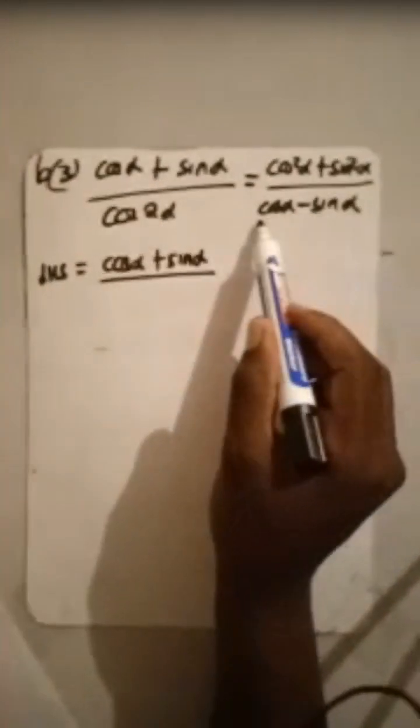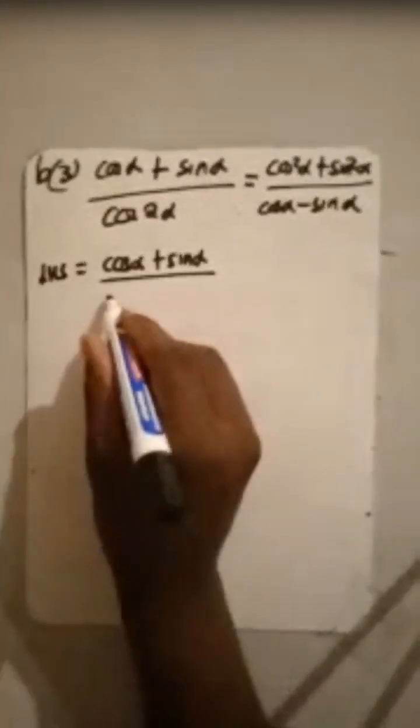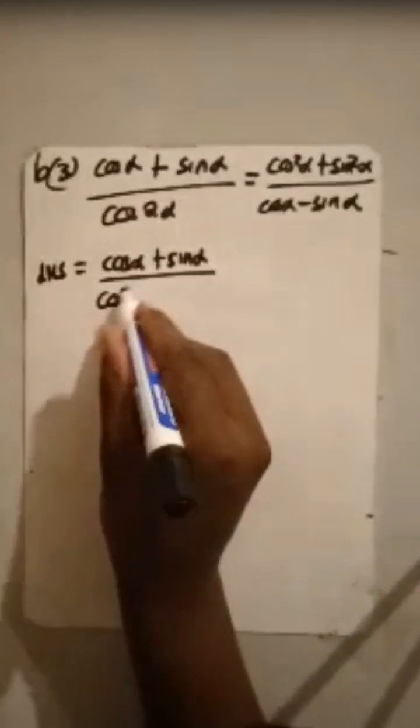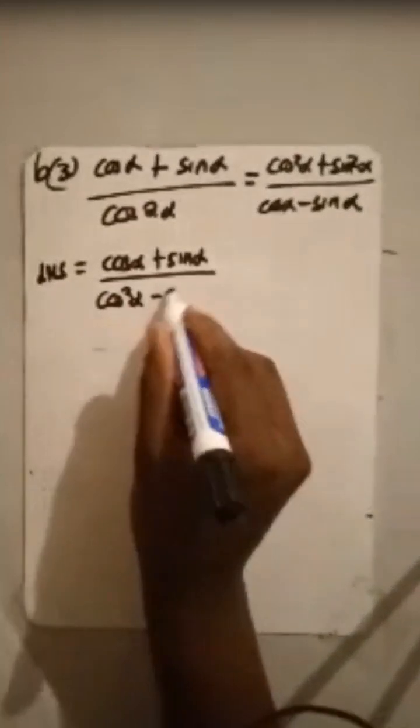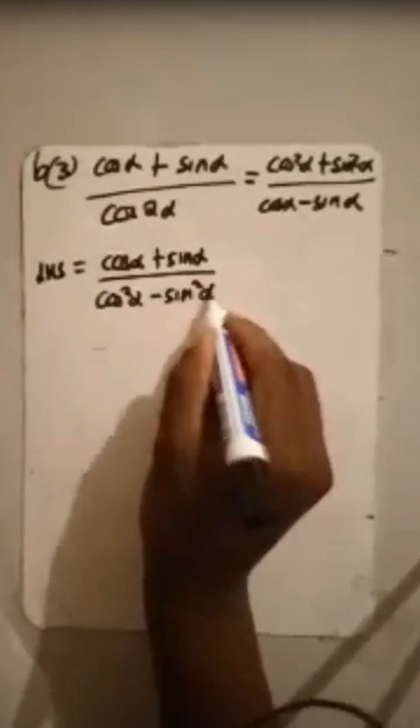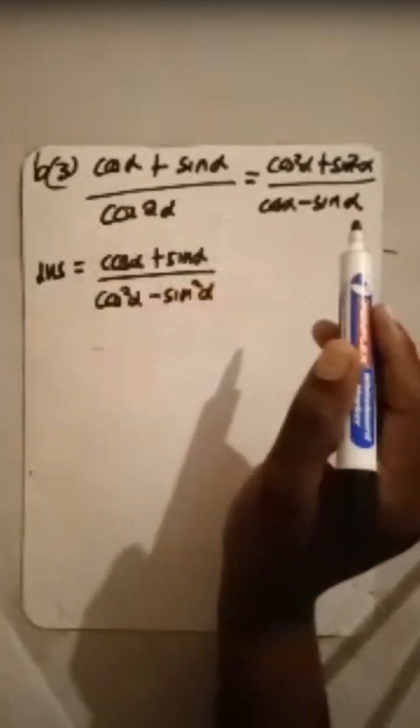If I look at my denominator, I'm having cos alpha and minus sine alpha. So in the bottom there, I also have to choose something with cos alpha and sine alpha. I am going to choose cos squared alpha minus sine squared alpha. That is the expansion that I have chosen on the bottom.